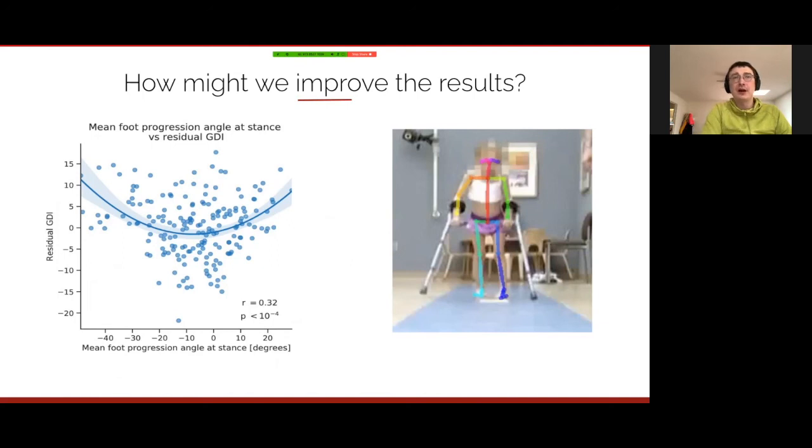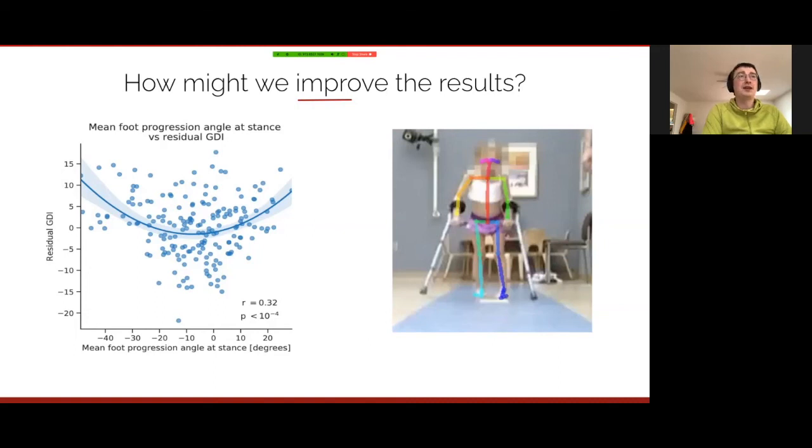And here's an example of how we investigate properties of our network. We're interested whether our network could be improved by adding some additional information from the frontal plane. So for the training of the network, we only use the sagittal plane, while in the frontal plane, we have a foot progression angle, the angle in the ankle, that could potentially be useful for predicting GDI.